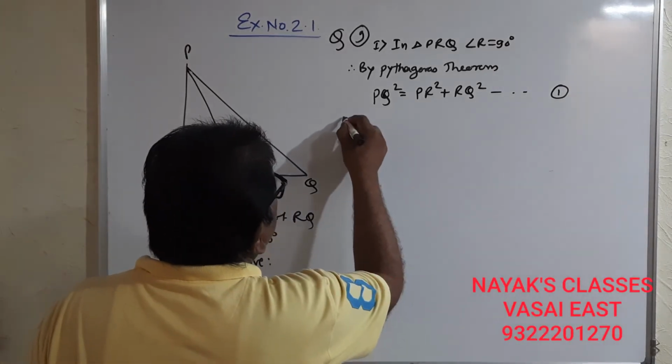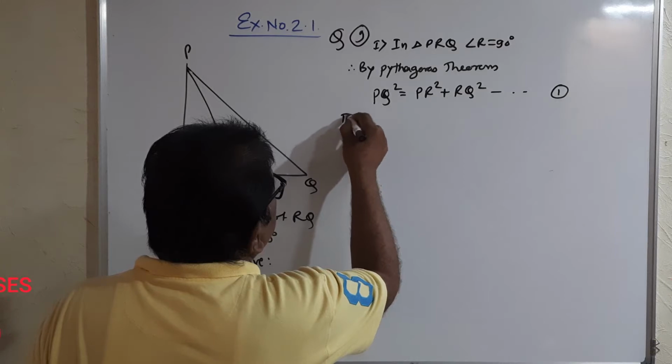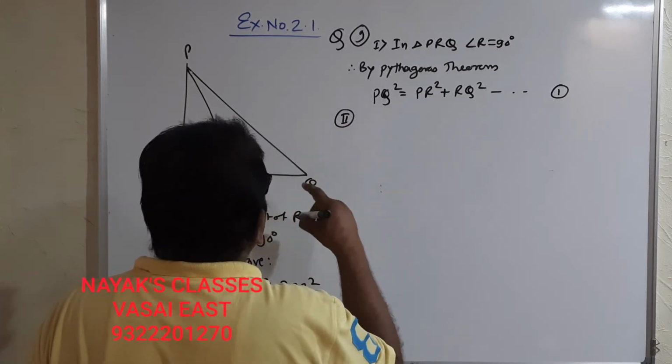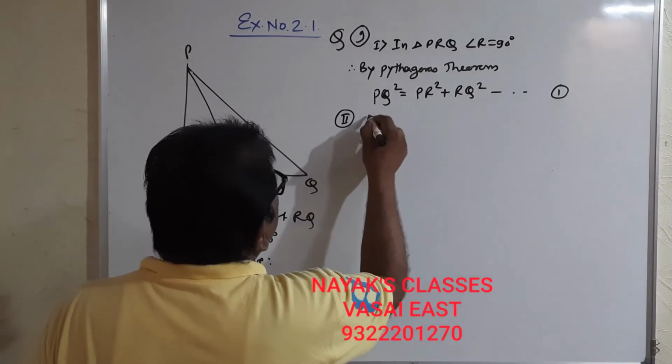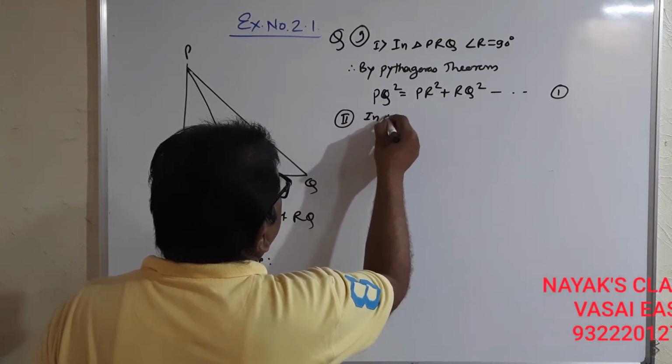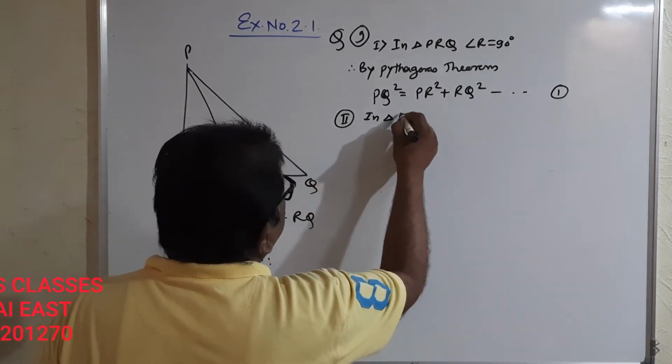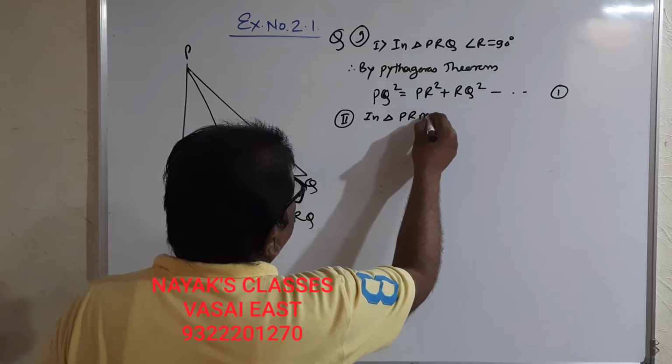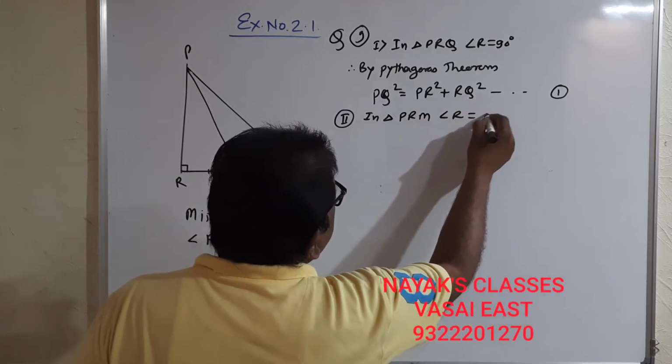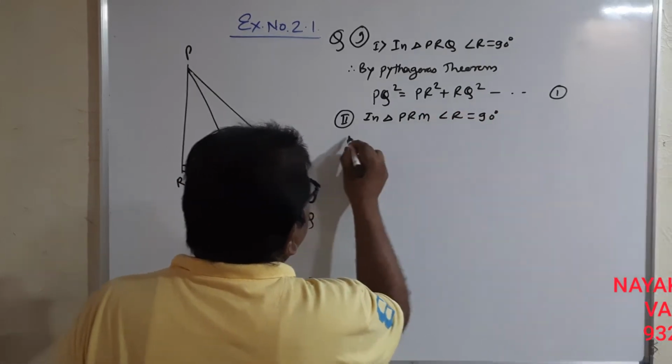Similarly, in second part, consider triangle PRM. Angle R is again 90 degrees.